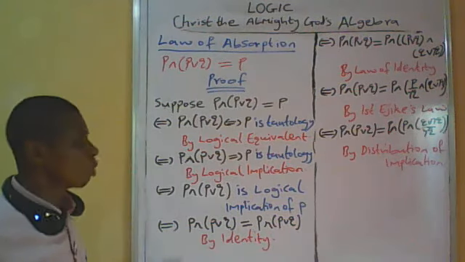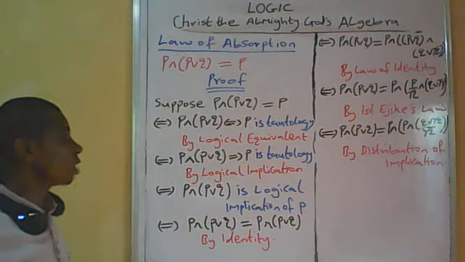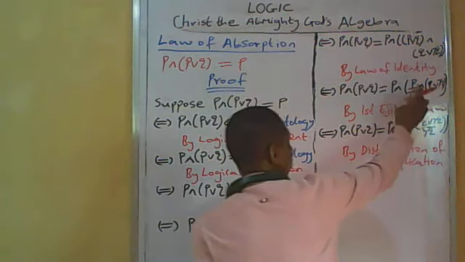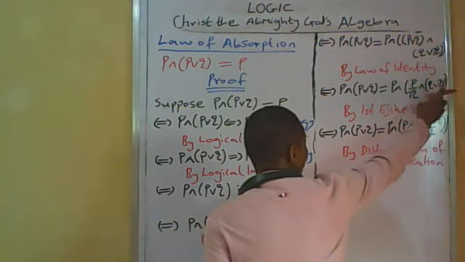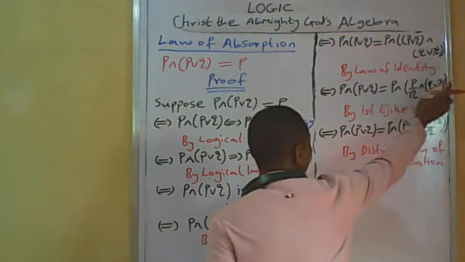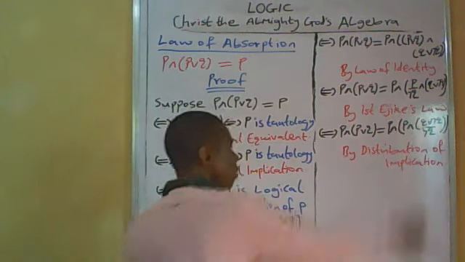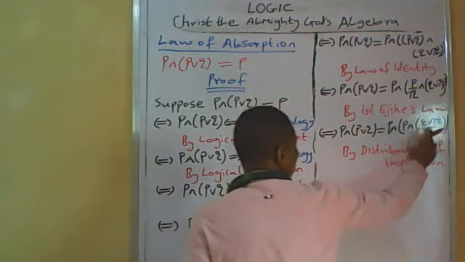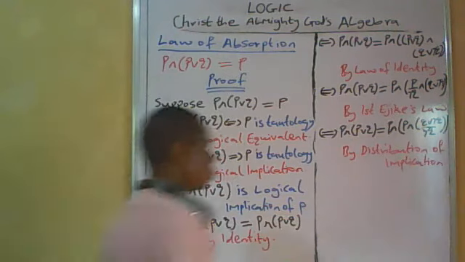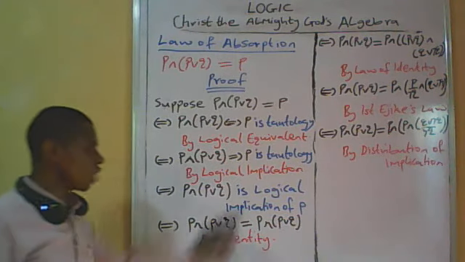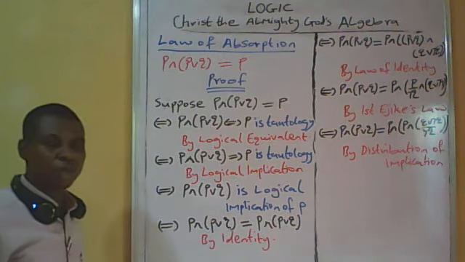So it's through distribution of implication that we distributed this not Q to the second conjunct, Q or not Q. That's why I have Q or not Q upon not Q.